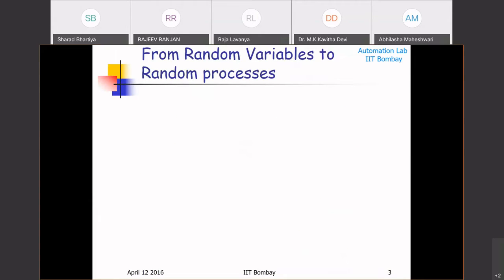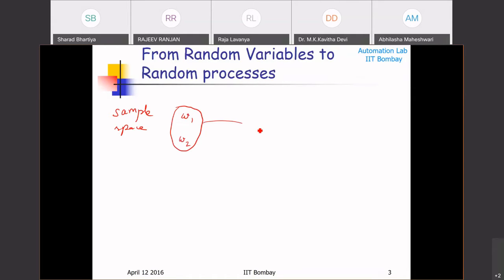So I thought I'll just build up from where we left off in random variables. If you recall, we had a sample space, which I called omega, and we had events in this omega, or elementary outcomes omega 1, omega 2, and so on.